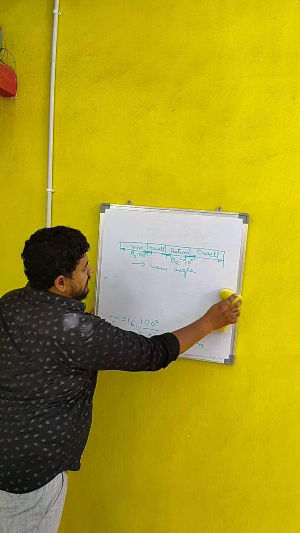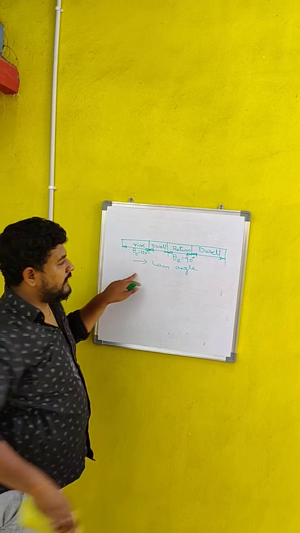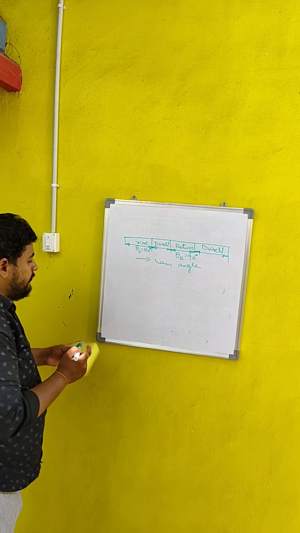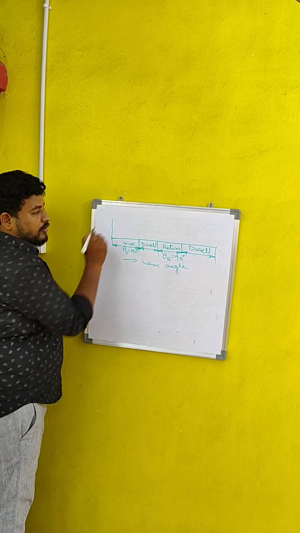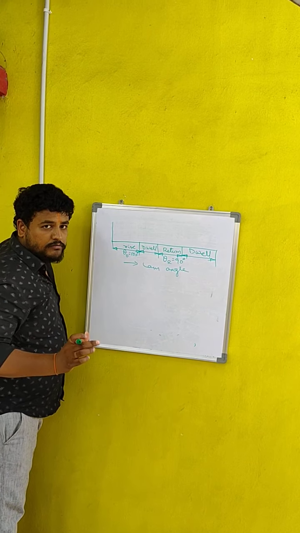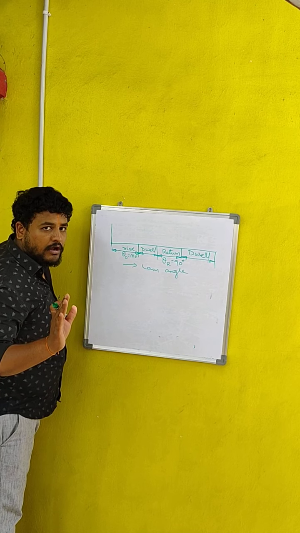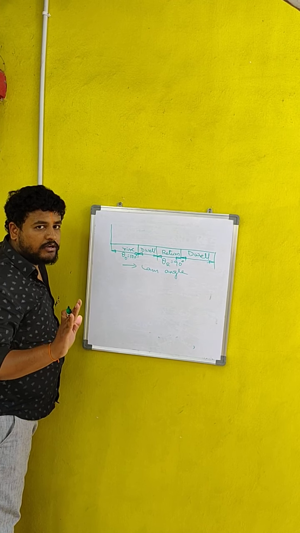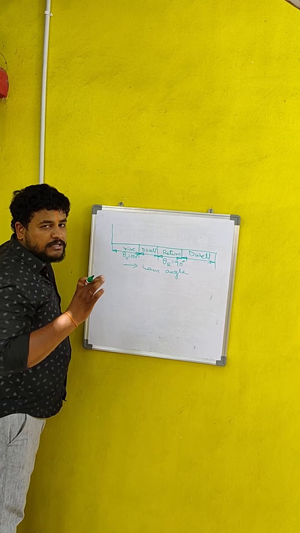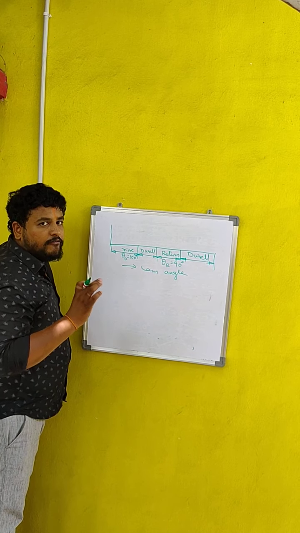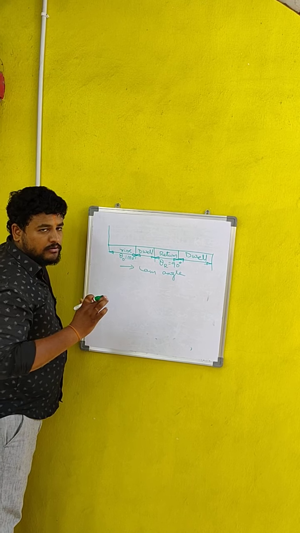Now, according to this scale, we have taken the cam angle. On the ordinate, we consider the stroke of the follower. What is the stroke of the follower given? According to the question, it is given as 40 mm. That means the total rise or displacement of the follower is 40 mm, which is called the stroke.